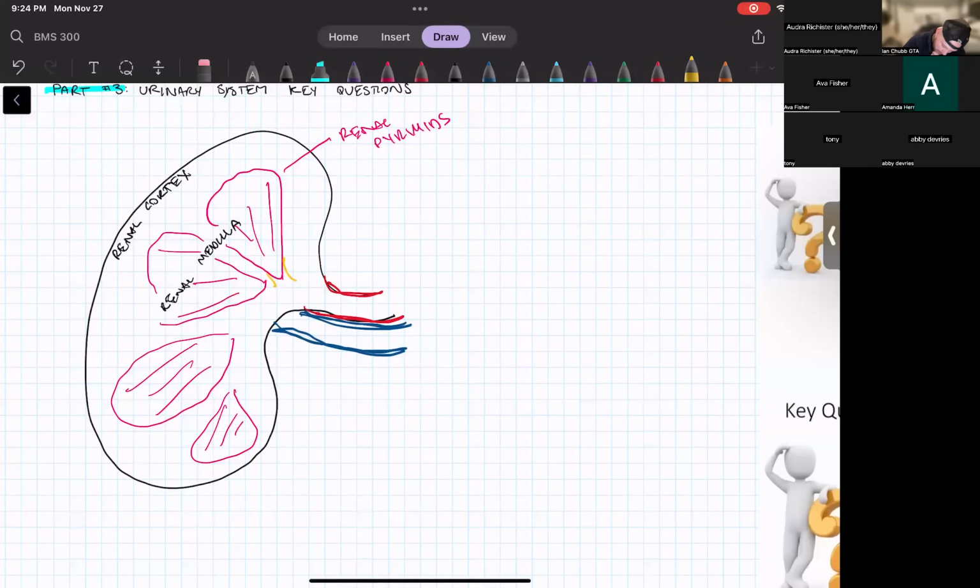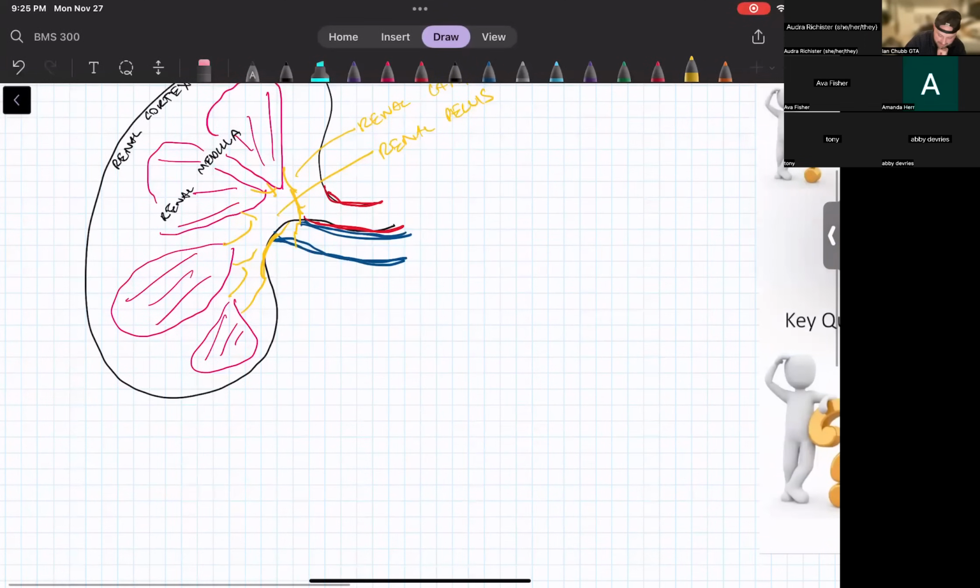Coming off each pyramid, we'll have a renal calyx. And then this all empties into a big thing called the renal pelvis. And from there, these empty out into our ureter.